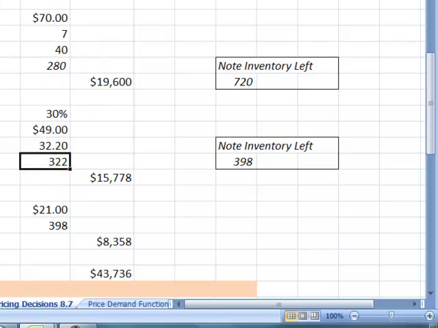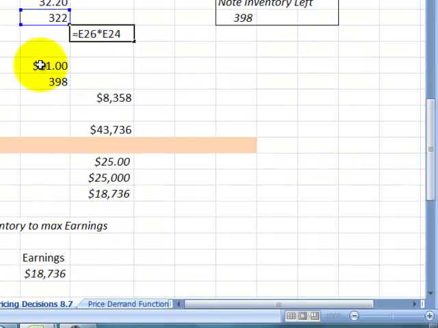And again, it's the minimum between how many units we have on hand, which is now 720 inventory left, because we already sold 280, remember? So we sold 320. Then to get the discount revenue, it's simply that number of units sold times the discount price.